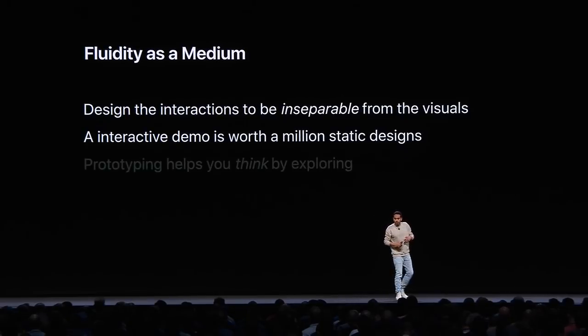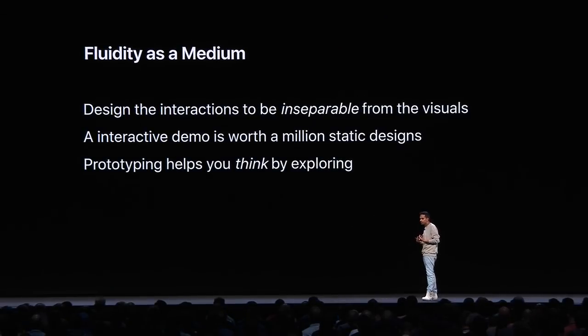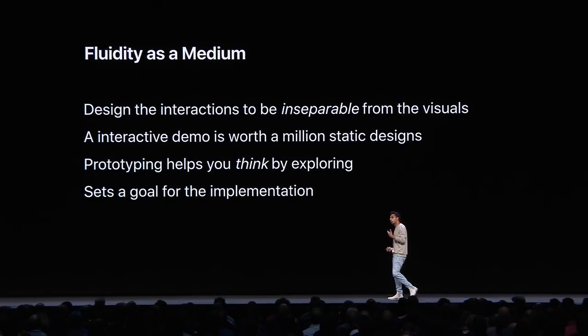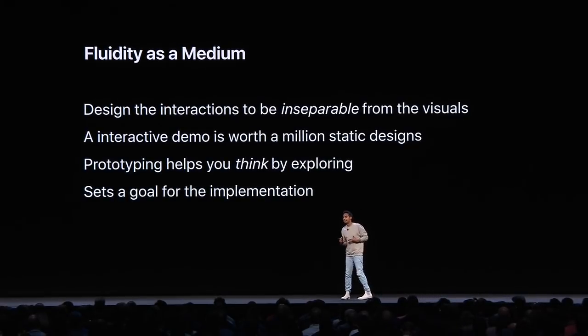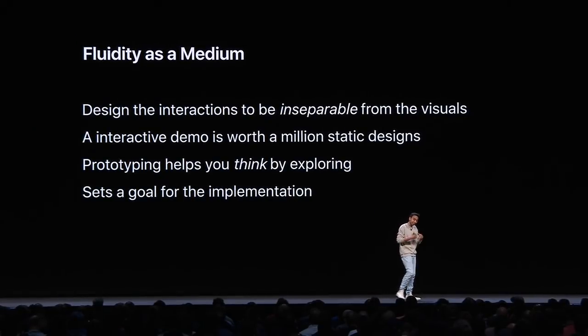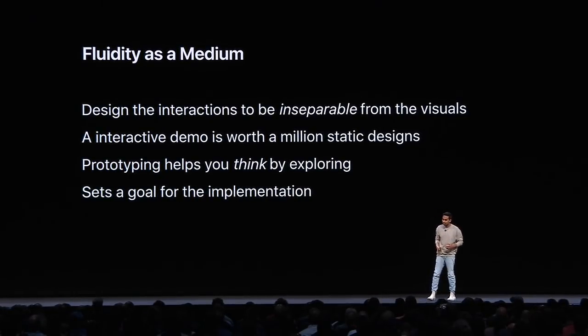When you prototype this stuff, it's so valuable because you get to almost discover the interface as you're building it. This technique is actually how we built the iPhone X interface. It's important because it also sets a goal for the implementation. We're so lucky here at Apple to have an amazing engineering team to build this stuff, because it's really hard to build.